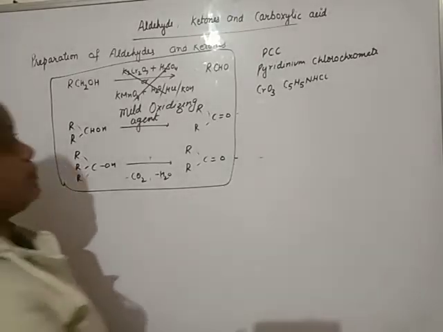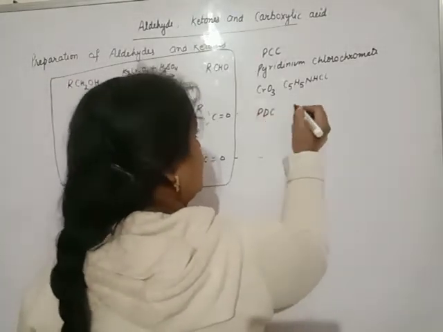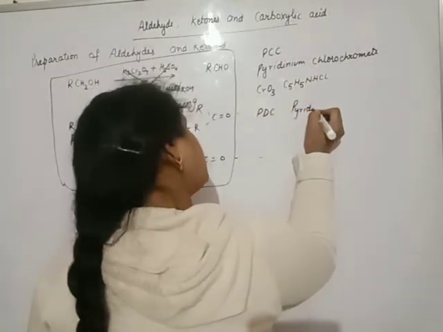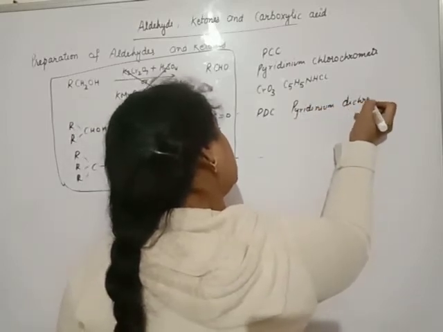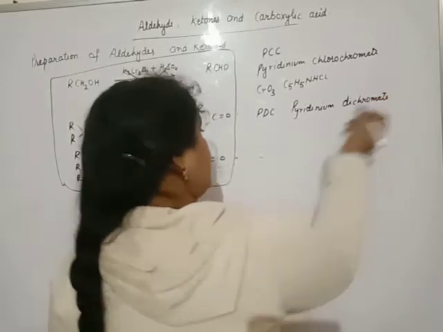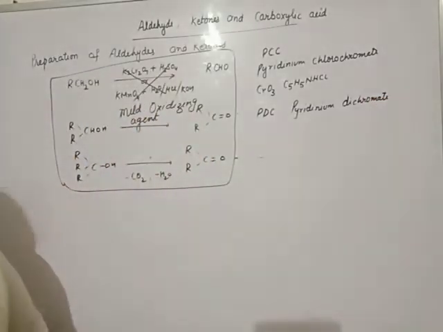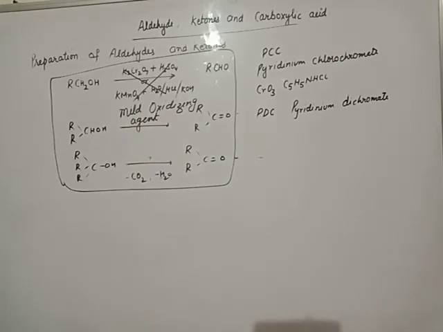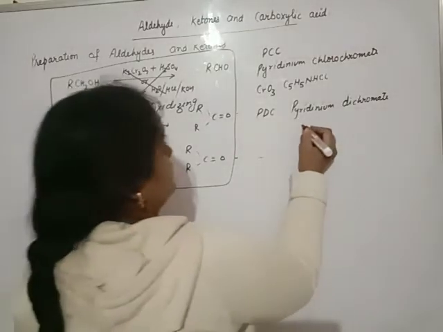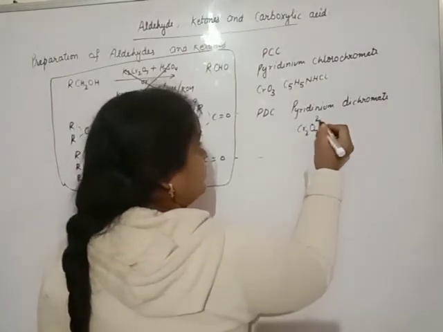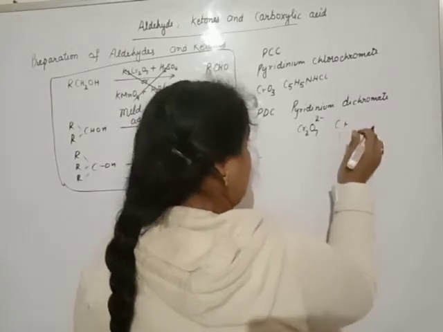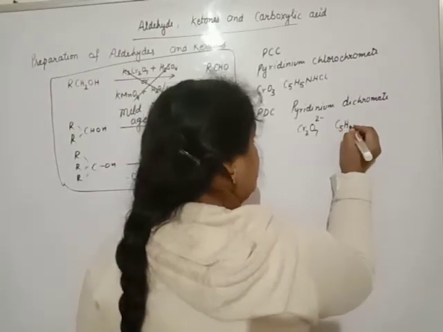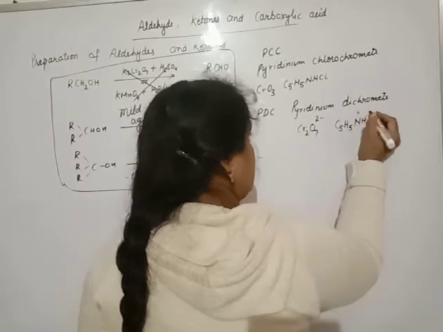Another one, PDC, pyridinium dichromate. Beta, dichromate is Cr2O7 2 negative. Pyridinium is C5H5NH positive.